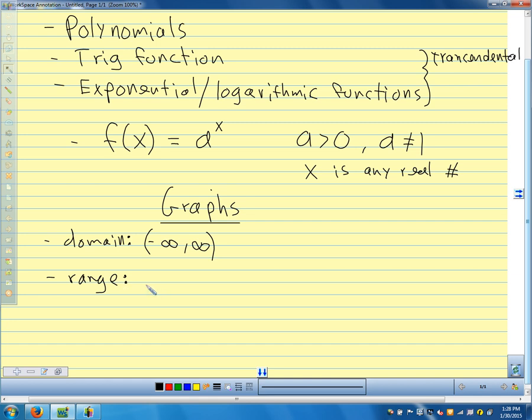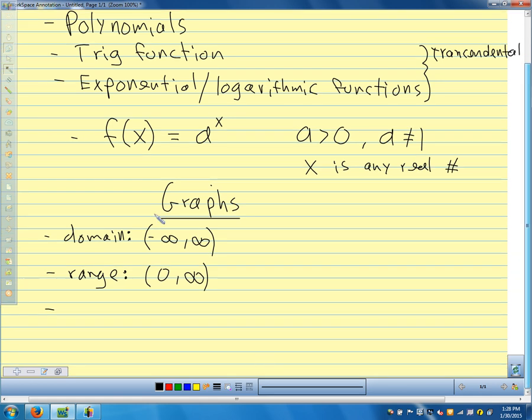The range goes from 0 to infinity. Oh, I forgot to say one other thing: a is called the base.